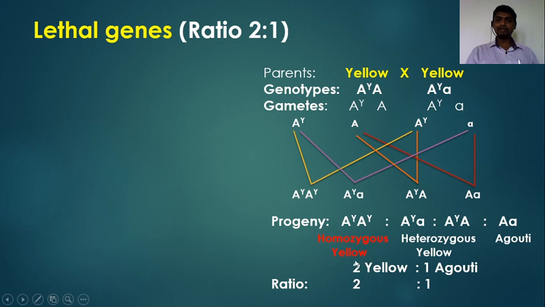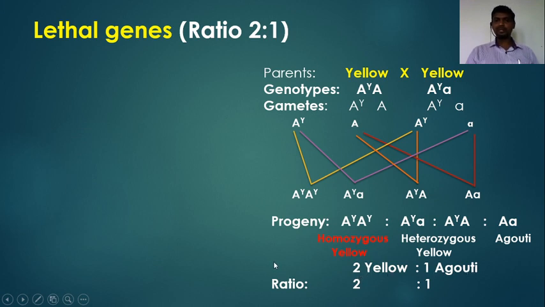The death of the individual occurs in the uterus in the embryonic stages of growth, because of which one individual has died. So the phenotypic ratio 3:1 gets modified into 2:1 because one dies. So the heterozygous yellow and agouti are able to survive here. So we get 2 yellow and 1 agouti.